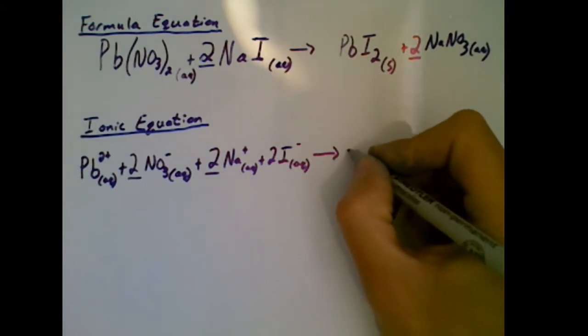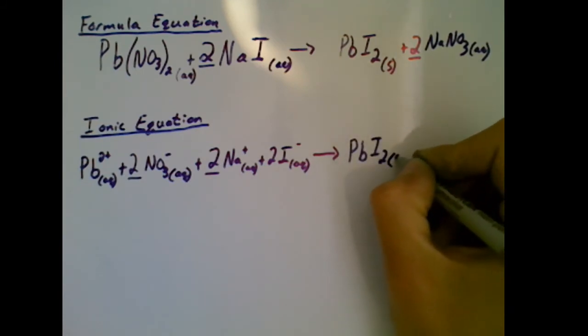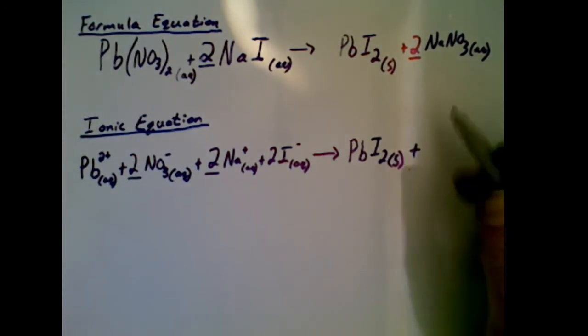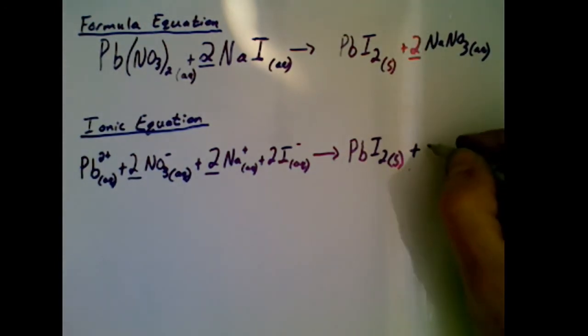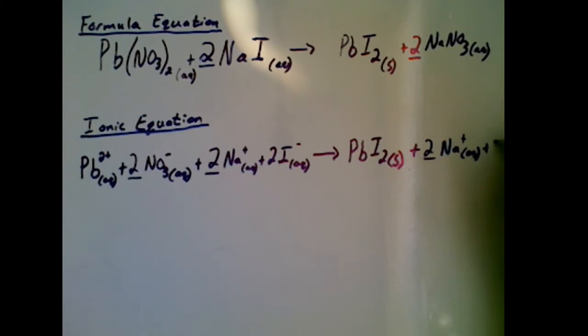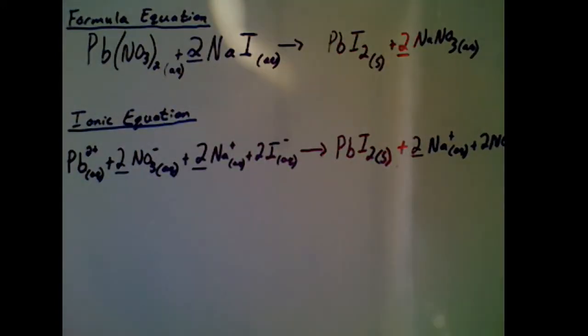So PbI2 is just going to stay PbI2, and its state is going to be solid. But NaNO3 is aqueous, and we need to make sure it's balanced. So we're going to have 2 Na+ aqueous and 2 NO3- aqueous. And as you can see, this is huge. I ran out of room on my screen here to show you.